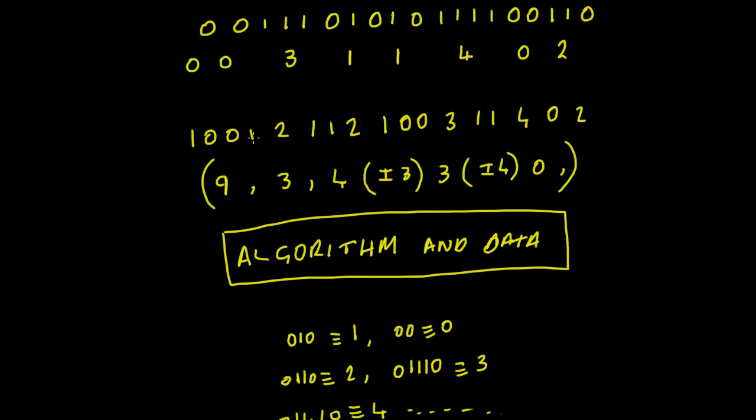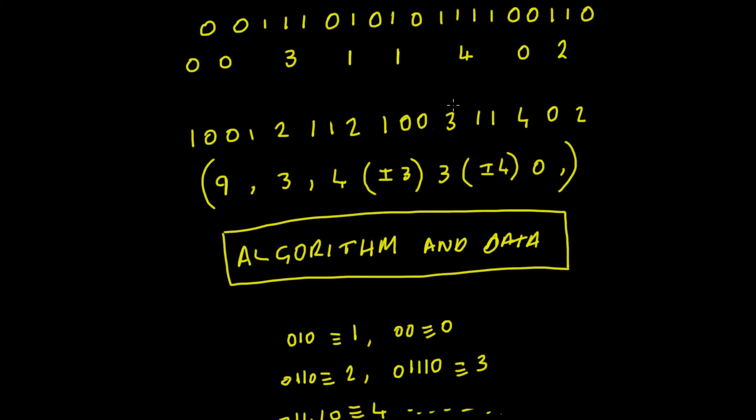We could then define 2 as a comma, because it's up to us how we define these other numbers, the non-binary numbers. So we could represent that 2 as a comma, and then we would have the number 3, and then another comma, and then we'd have the number 1, 2, 4, and then we'd have the number 3.